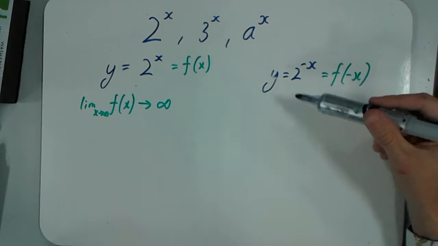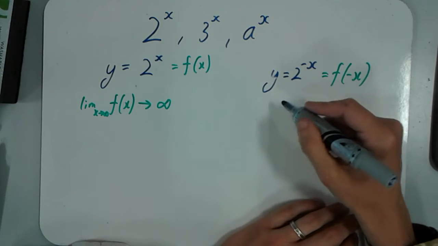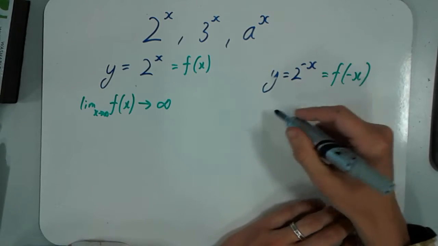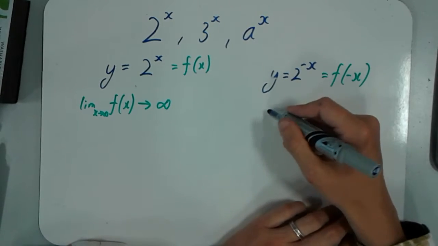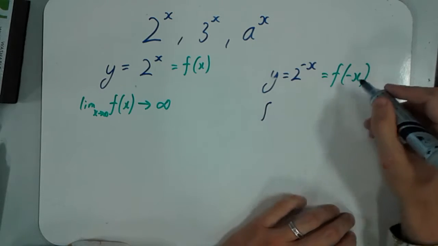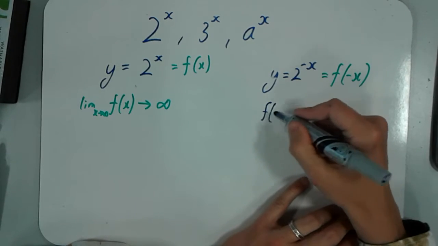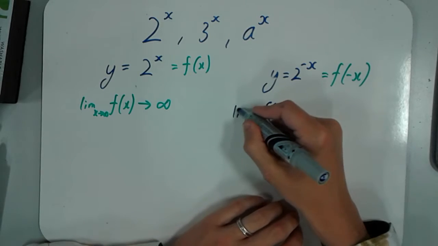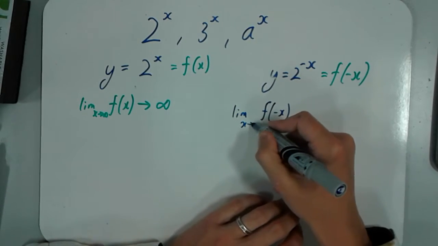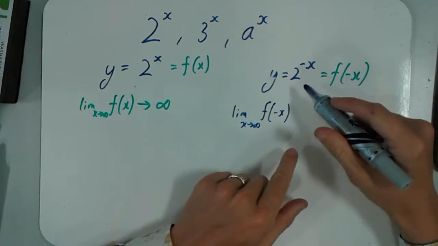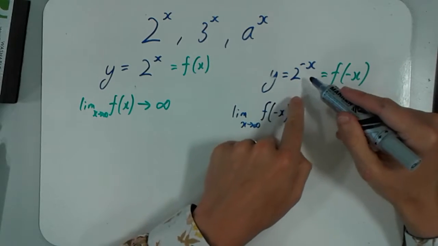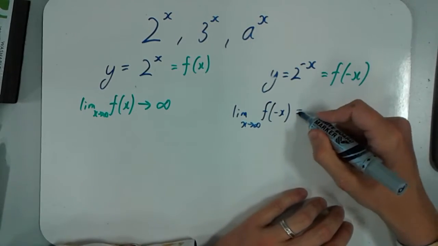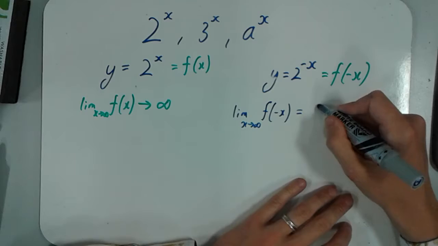What happens in this case? Well, if minus x tends towards infinity, so the limit of f of minus x as x goes to infinity, this will be 1 over larger and larger numbers, so this will tend towards 0.